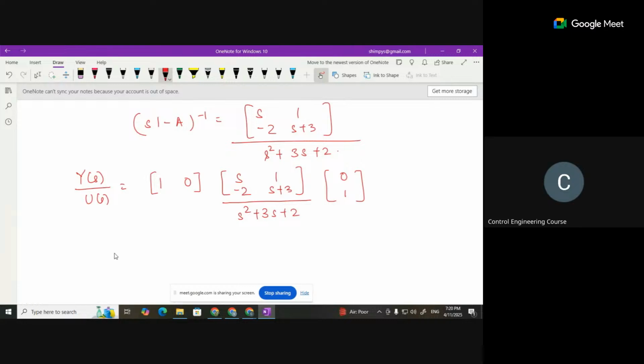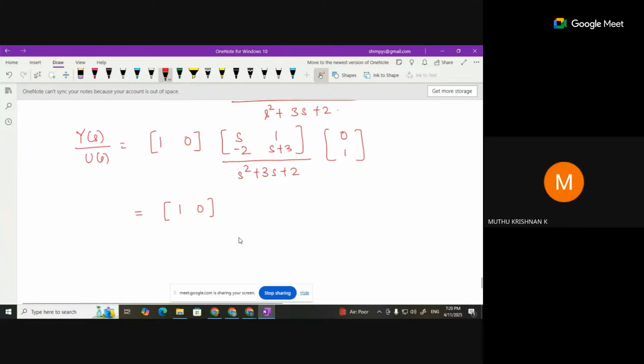Okay. So you know multiplication of the matrices. Yes or no? Yes, ma'am. Okay, only the denominator. So how much does it come out to be here? We are multiplying these two matrices first.